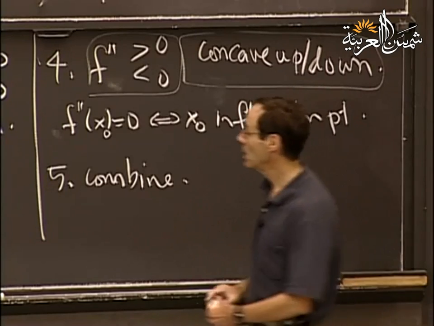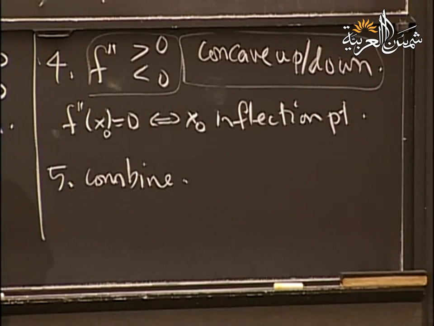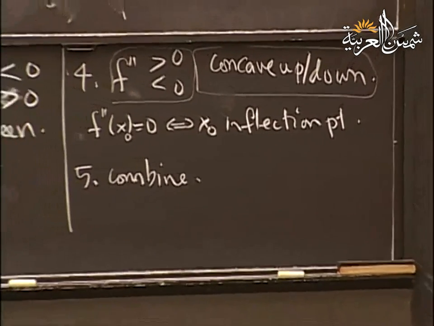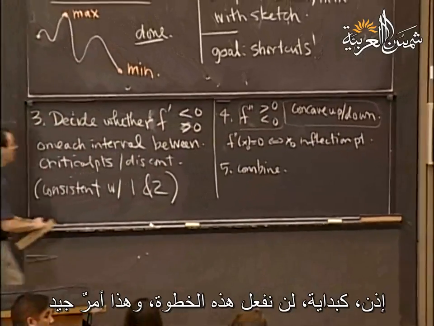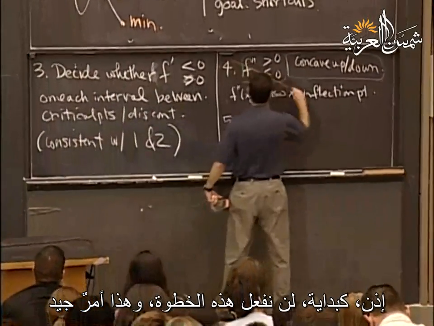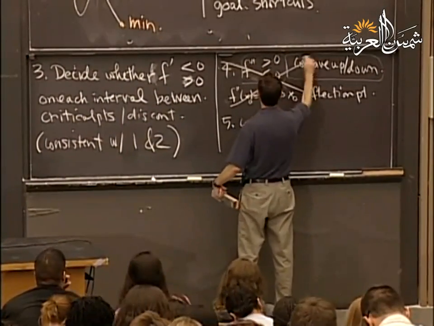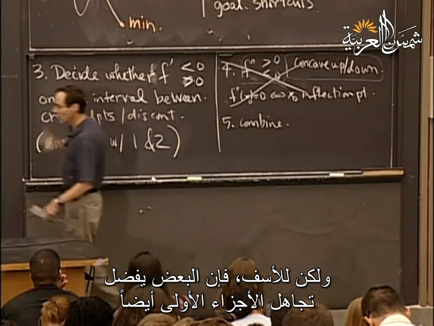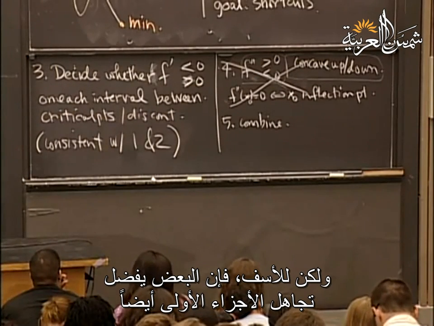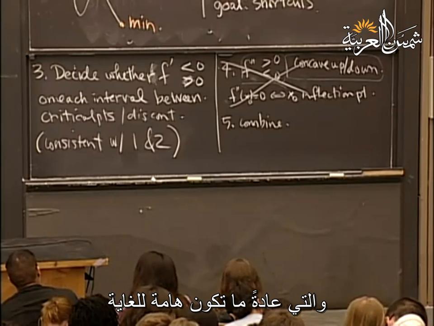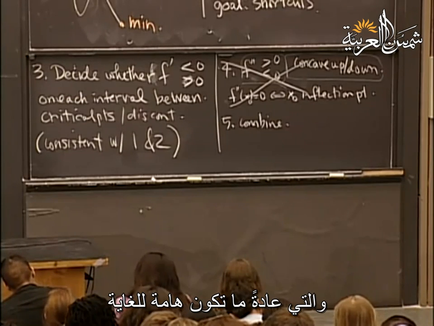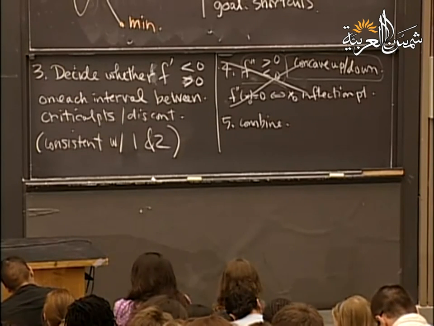All right? So essentially, this whole business is out, which is a good thing. And unfortunately, those early parts are the parts that people tend to ignore, and which are often very important.